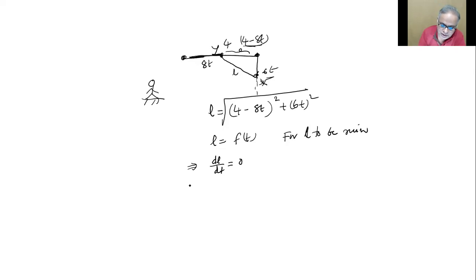So how do you find dL by dt? This is a root function, right?